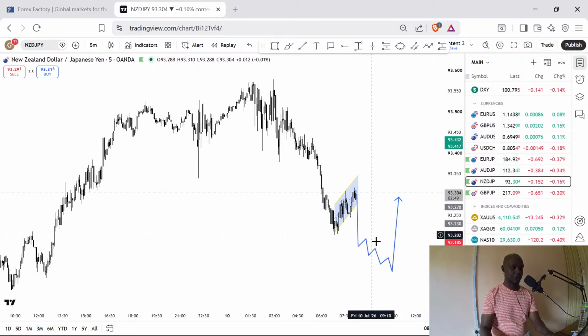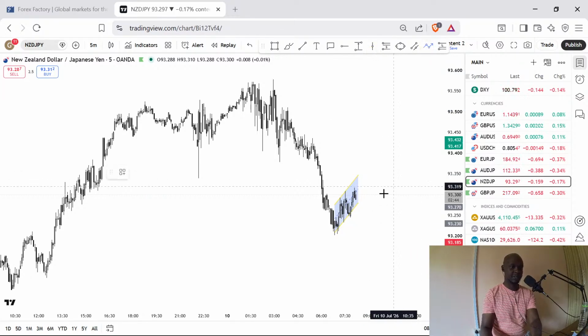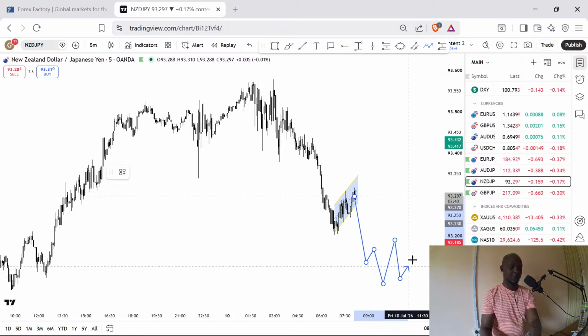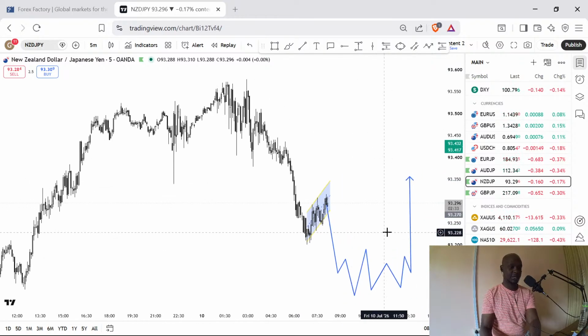Or if we push lower, and then we just get some sort of a, let me just use the line. If we push lower, and then we get some form of accumulation, I'll be waiting to see if we can break outside of the accumulation to take longs.